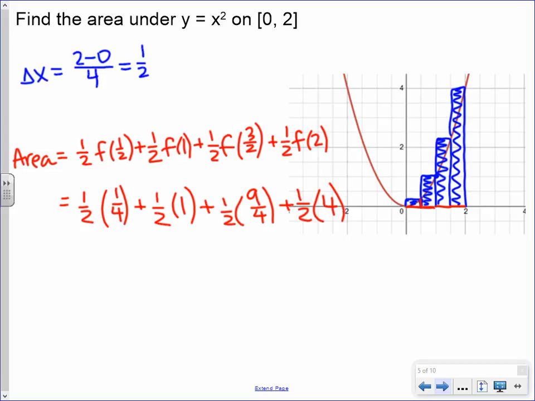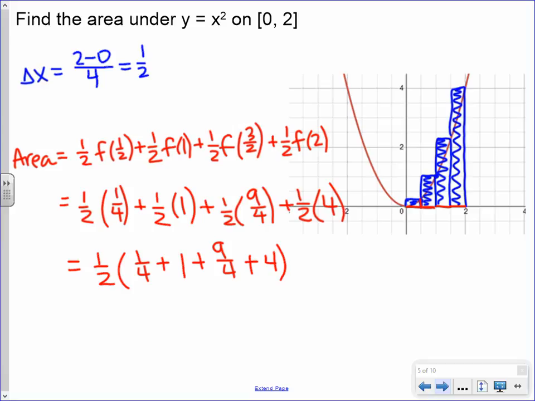Now, once you get comfortable with this, you're going to be able to just write this as 1/2 times 1/4 plus 1 plus 9/4 plus 4. Since they all have the same width, we can just factor it out, and you can do that from the beginning. Okay? So we have 9/4 plus 1/4 plus 4 plus 1.